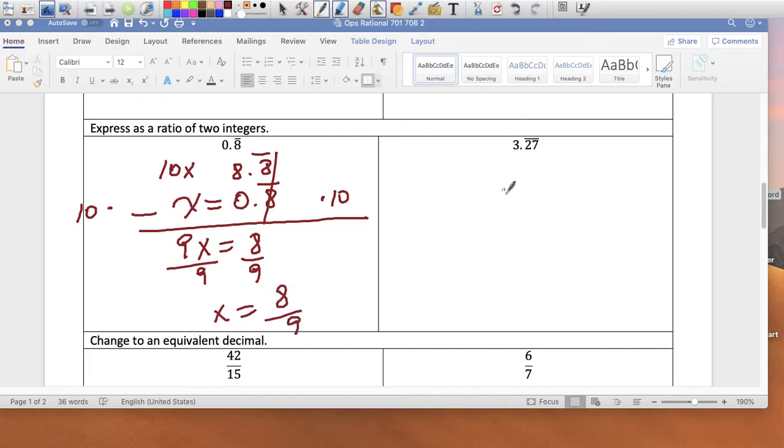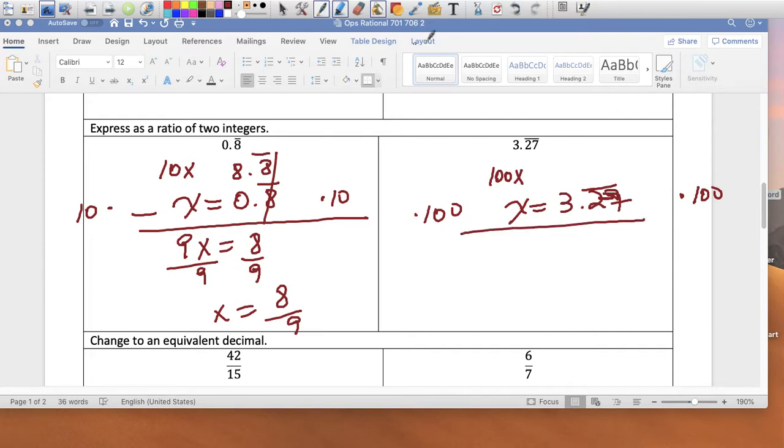Over here, we're going to write x equals 3.27 with bar notation. I'll multiply this by 100, so we're going to get 100x. Over here, if I multiply 3.272727 forever and ever by 100, the decimal goes 1, 2. Right?